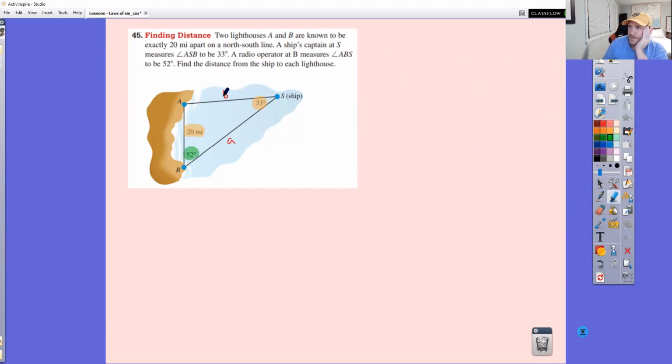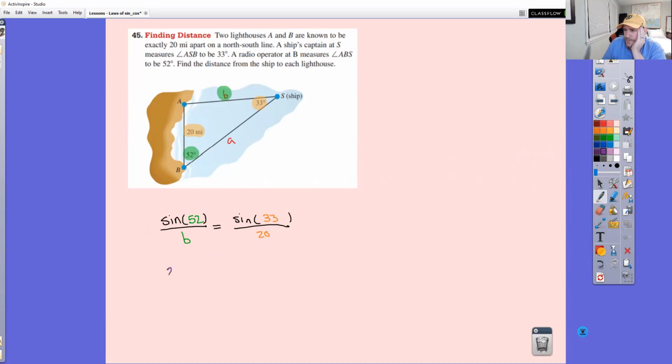Then we've got the 52, which is opposite from B. So we can get right to work solving for B, because we'll set up our ratio where the sine of something is getting divided by something, and we set that equal to the sine of something getting divided by something. If you grab the green parts, then the 52 is known to us and B is our variable. And if you grab the orange parts, then we know both the 33 and the 20. So you're just solving from here by cross multiplication.